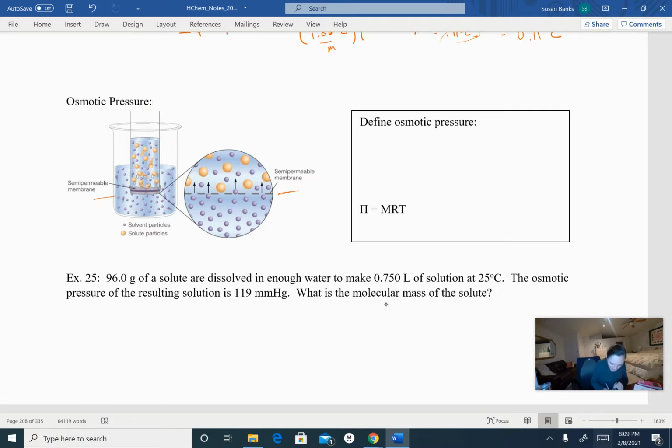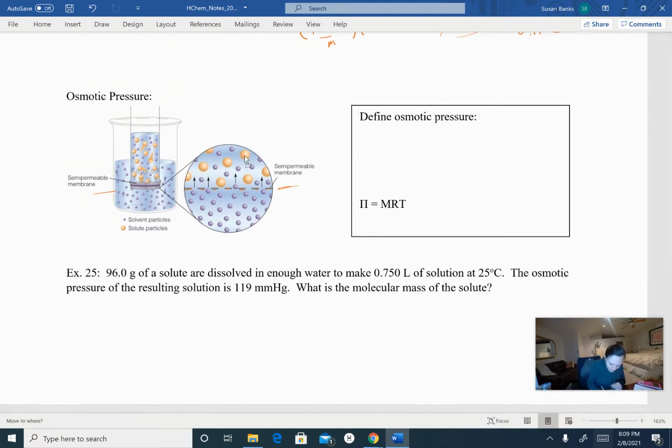We've got a semi-permeable membrane that only allows the smaller particles to come in. And notice I have a solution here, but only the water molecules can come in because they're pretty small. Because this is pure water on this side, they're going to come in here to try and equal out that concentration. So it's going to create some upward pressure.